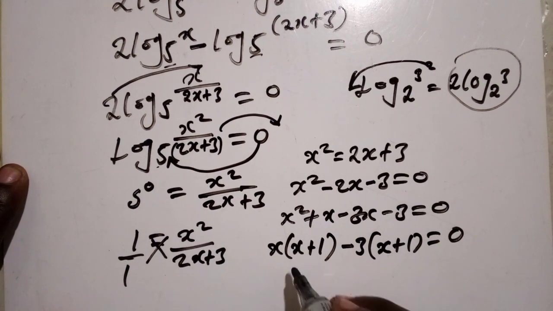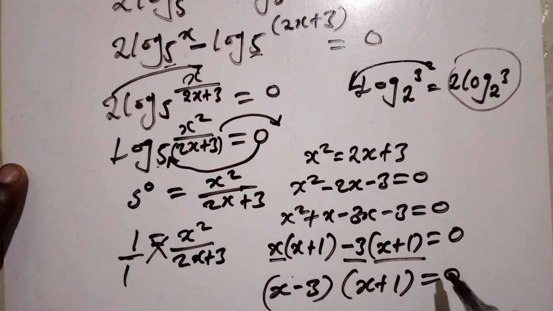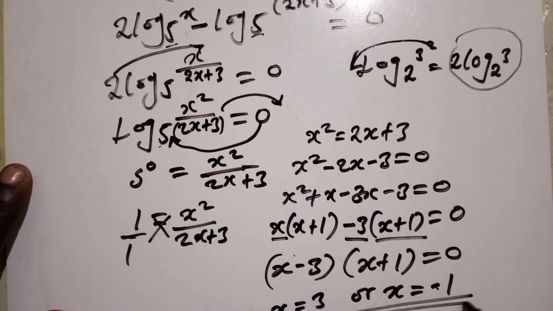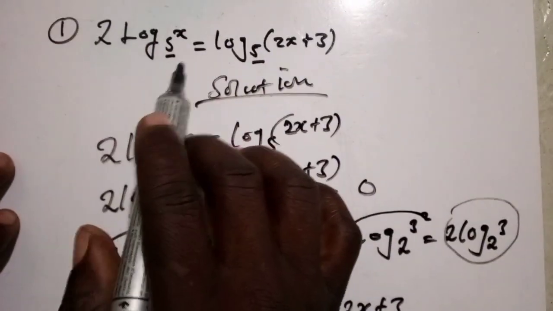These terms are equal, so we only write one term, which means x minus 3 in the bracket, then x plus 1, which equals 0. So our answer will be x equals 3 or x equals minus 1. These are our answers for this question.